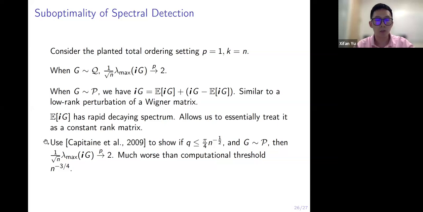Using known results from random matrix theory, we can show that whenever Q, the correlation strength, is at most pi over 4 times 1 over square root of n, 1 over square root of n times the maximum eigenvalue of I times G will converge to 2 in probability, which is much worse than the computational threshold n to the minus 3 over 4.